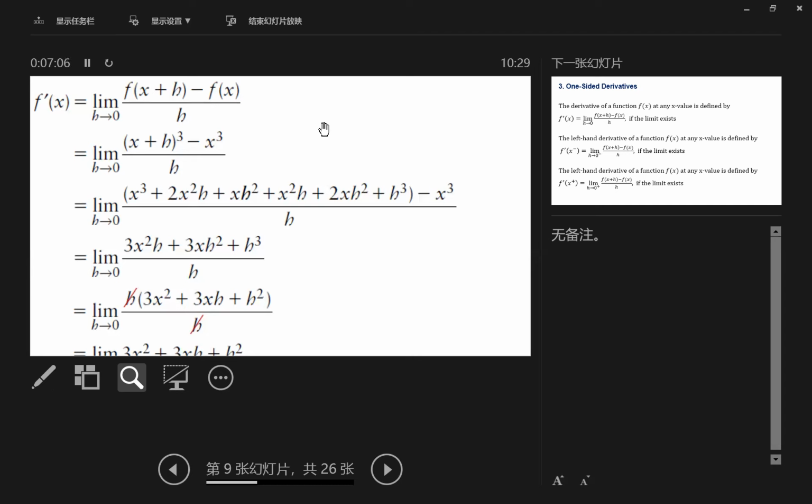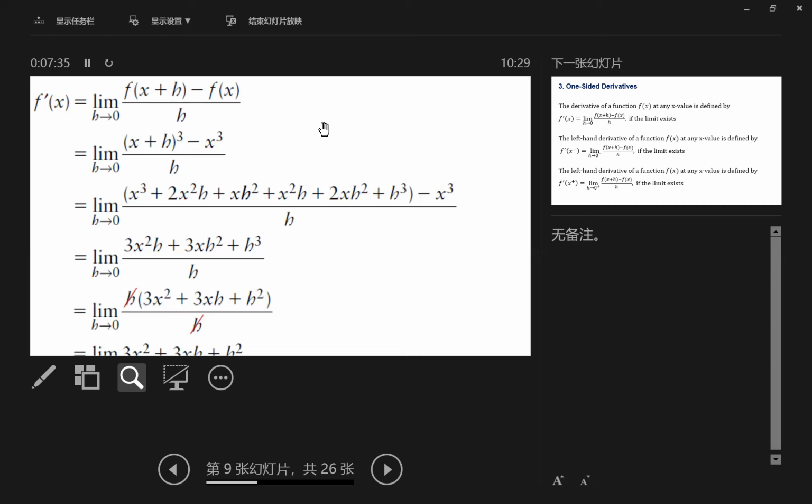This will give you the limit of (3x squared h + 3xh squared + h cubed) over h when h approaches 0, right? When h approaches 0, it means h is a number that is very close to 0 but not 0. Then we can actually cancel the h in the numerator and denominator.